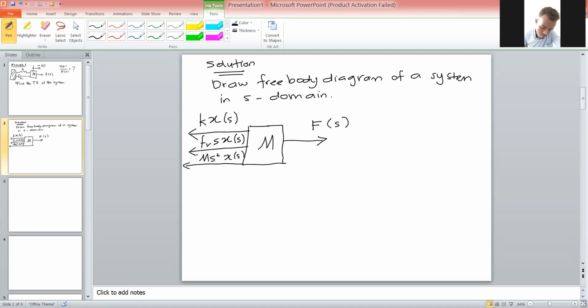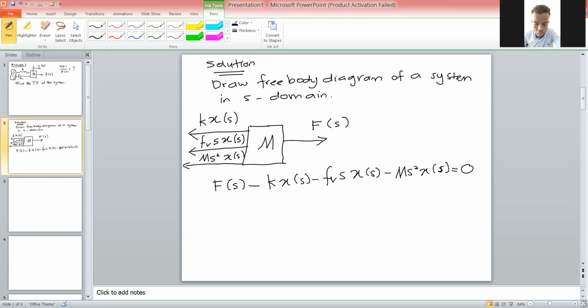Now we need to find the summation of these. FS is in the forward direction. So FS minus K XS minus FV S times XS minus M times S squared XS equals 0.